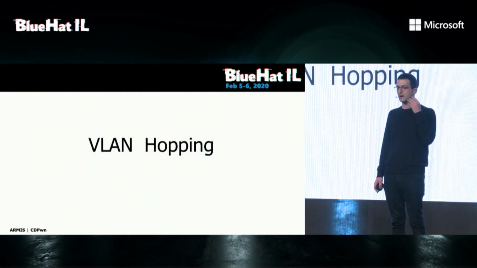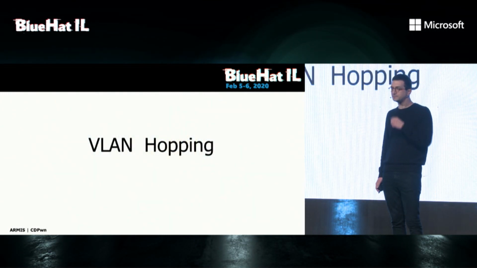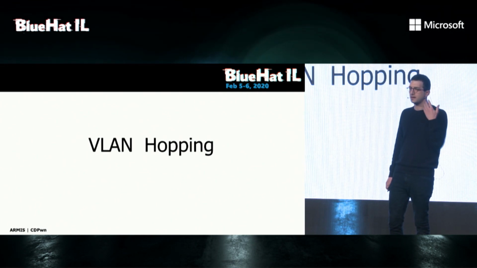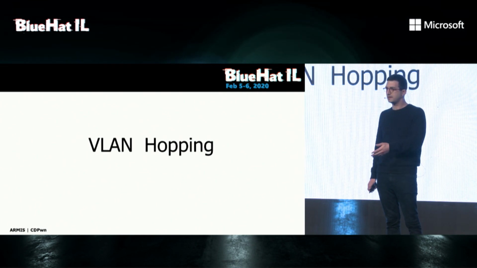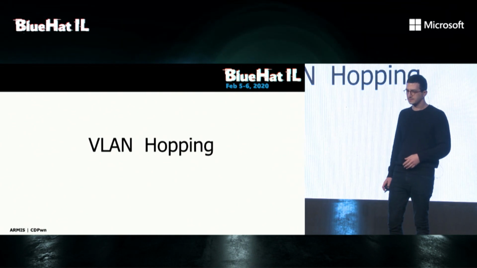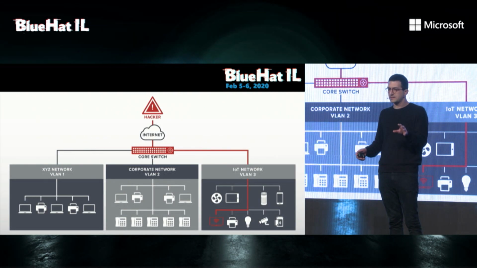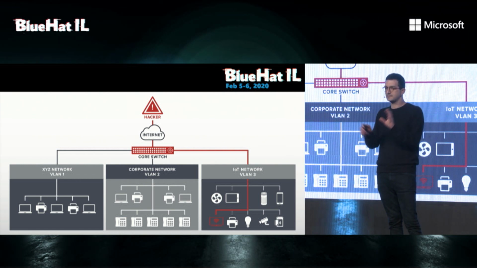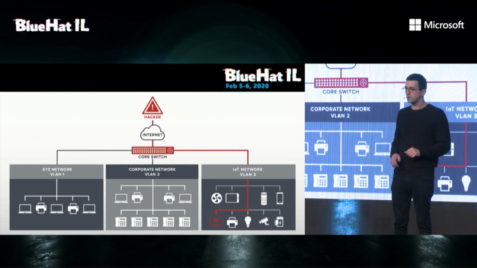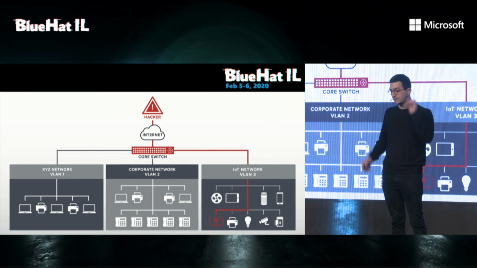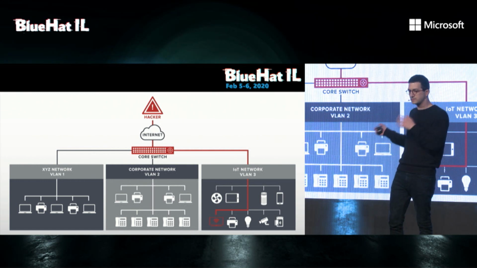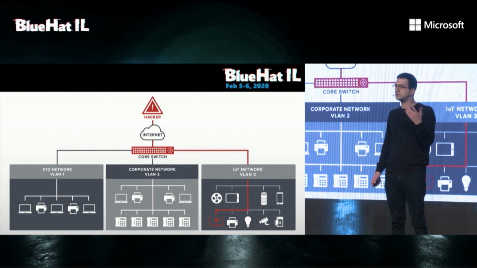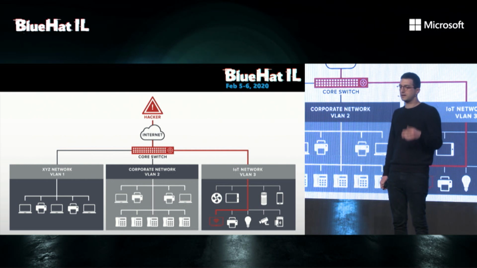But as I mentioned, our initial goal was to see how VLAN hopping was done in the past and whether it can still be done today with additional vulnerabilities. To understand VLAN hopping techniques, we need to understand a bit more what VLANs are and how network segments even work. So this is a simple design of a network diagram and how it should be done today.